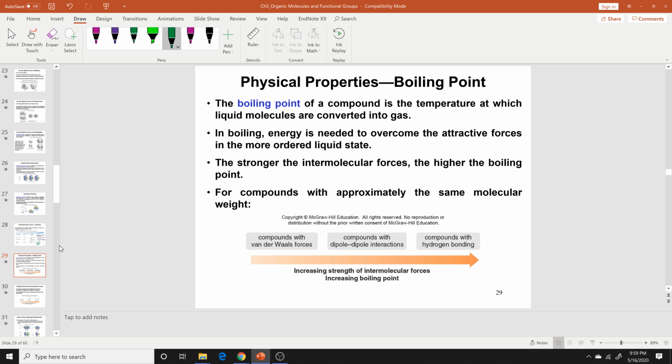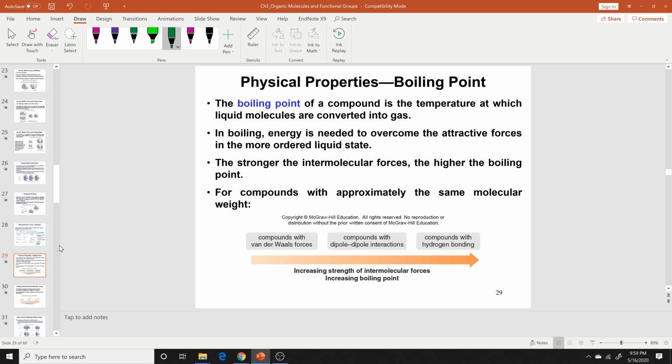And whenever you boil a compound or a solution, normally energy is needed to overcome the attractive forces, because basically what you're doing here, you are breaking bonds. So this is why energy is needed. The stronger the intermolecular forces, the higher normally the boiling point.